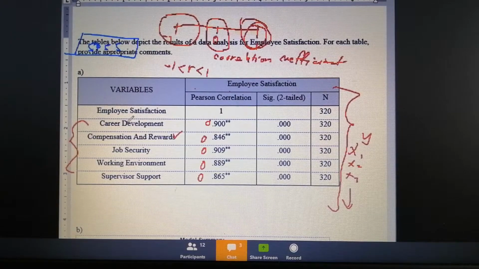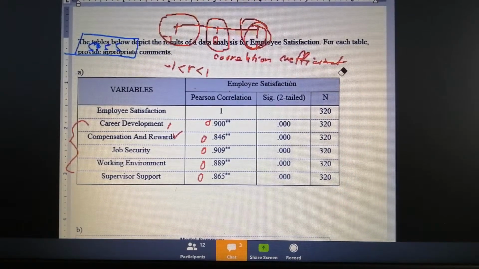So as I said, this is your y, and this is your x: x1, x2, x3, x4, x5, and so on.